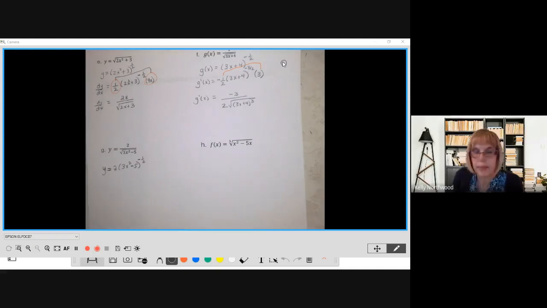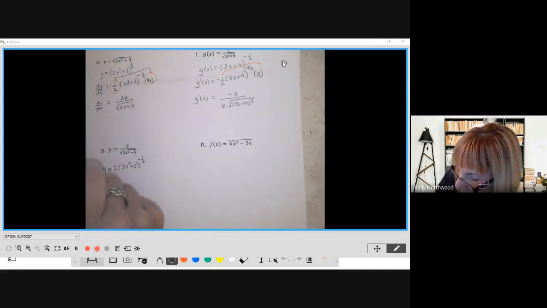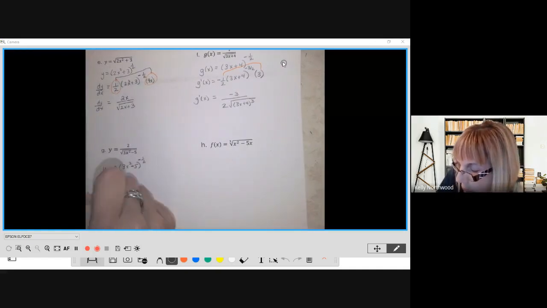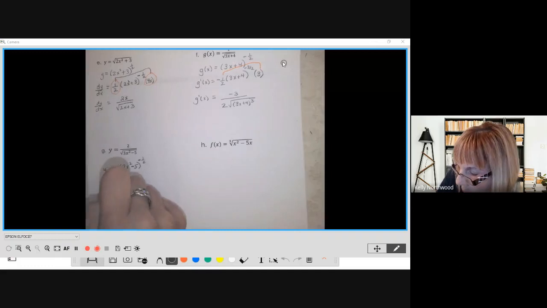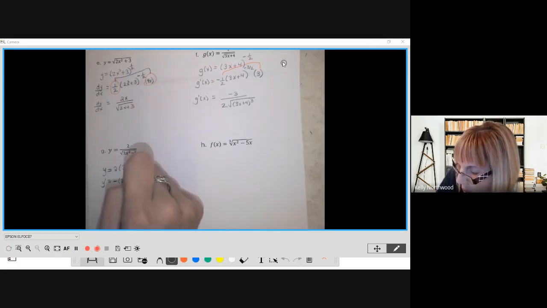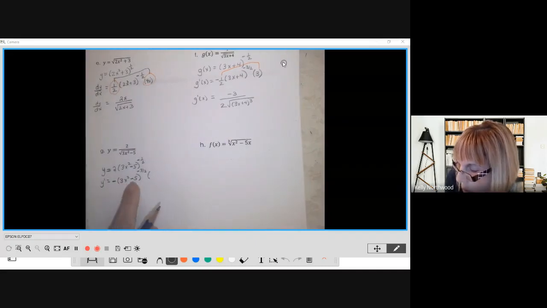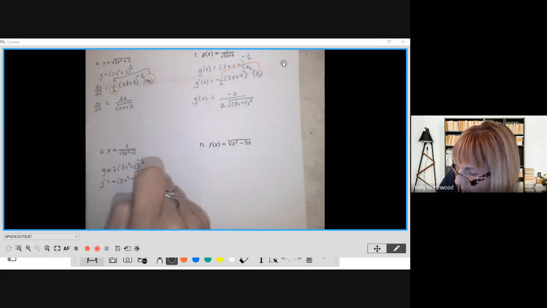Yep. Okay. All right, so y prime then. So a negative 1/2 times 2 is negative 1 times 3x squared minus 5 to the negative 3 over 2, and then multiplied by the derivative of what's inside, which is 6x.